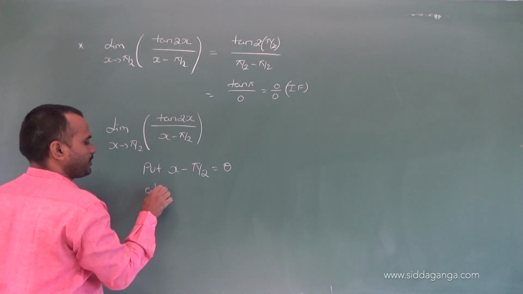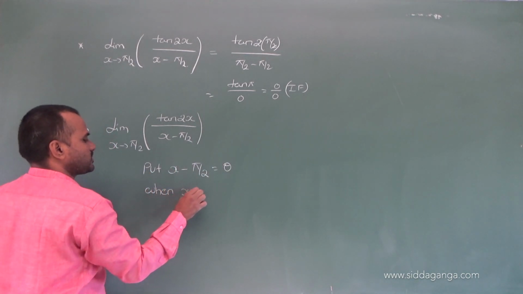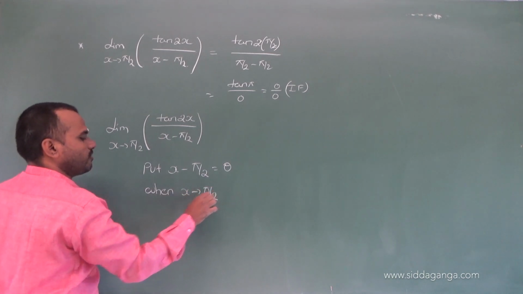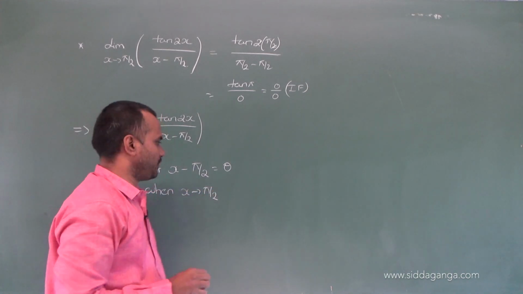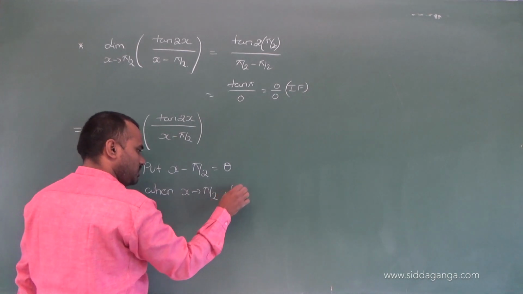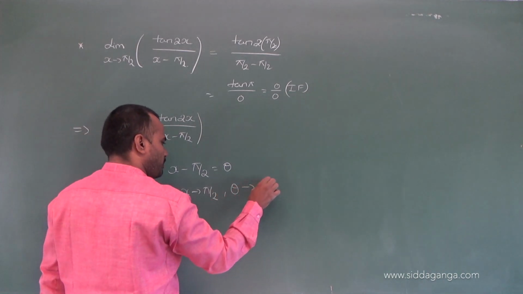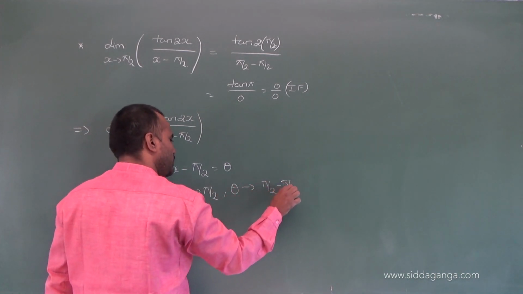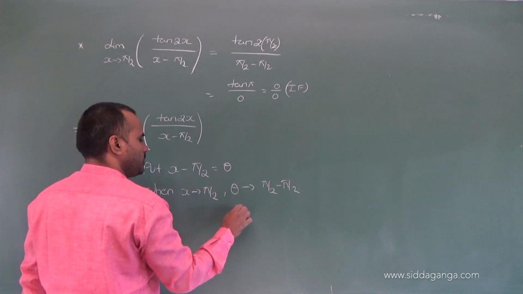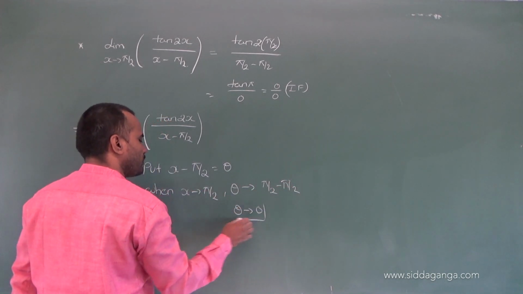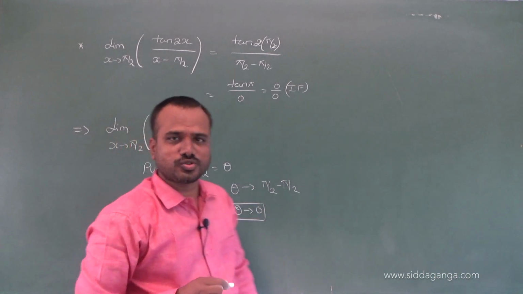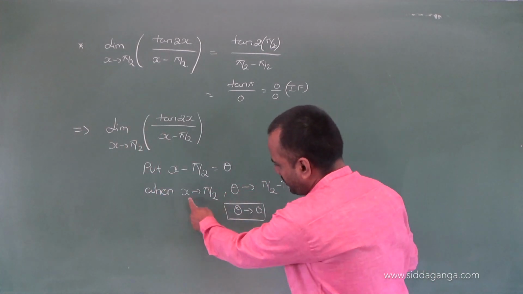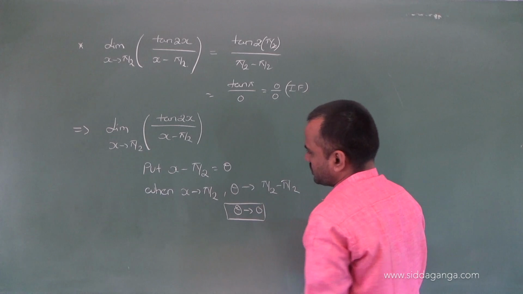When x tends to pi by 2, theta tends to pi by 2 minus pi by 2, which is 0. So when x tends to pi by 2, theta tends to 0.